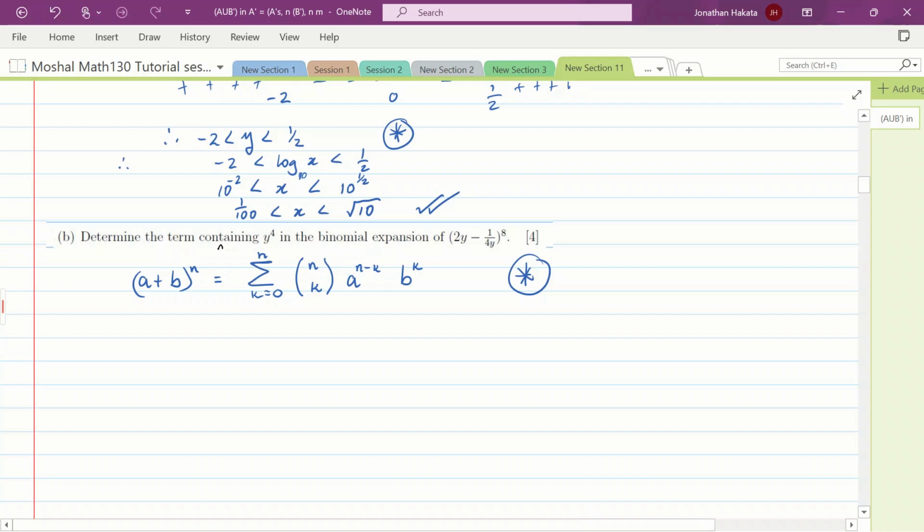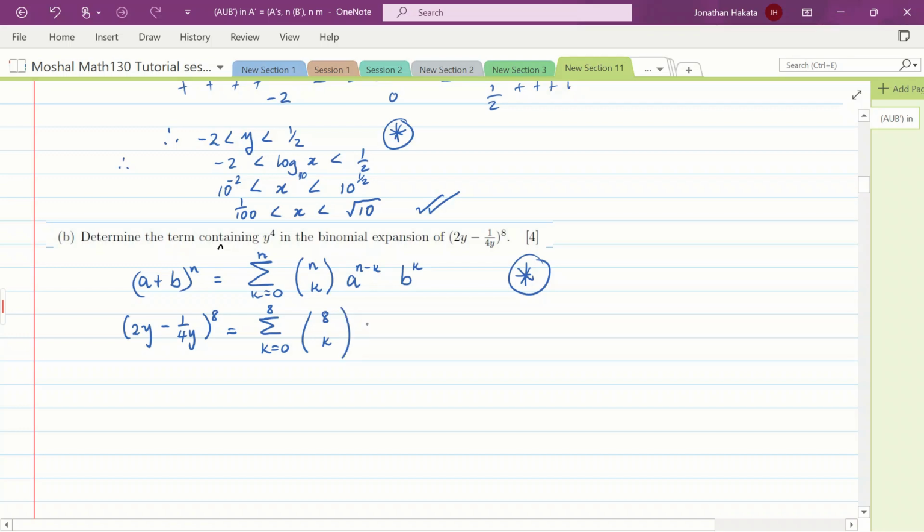All right, so let's write what we are given right below this formula and express this formula now in terms of what we are given. So we will have (2y minus 1 over 4y) all raised to the power of 8 is equal to the summation from k equal to 0 up to 8, since our n is 8, of 8 choose k, we don't know k yet.